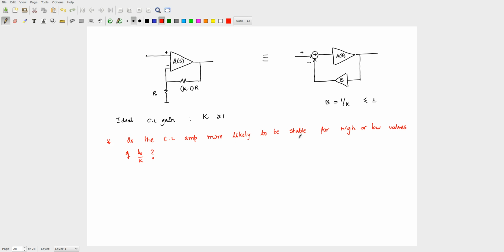So, it is more likely to be stable for low values of A naught by K, which means, given a value of A naught, if I increase or decrease k, will it become less stable? Be careful. Increase or decrease k?